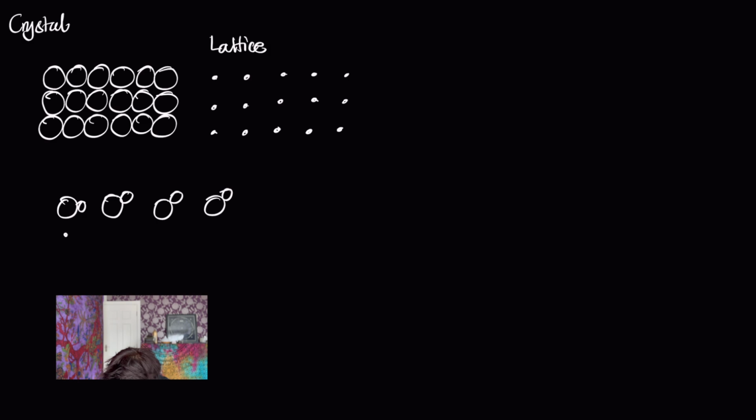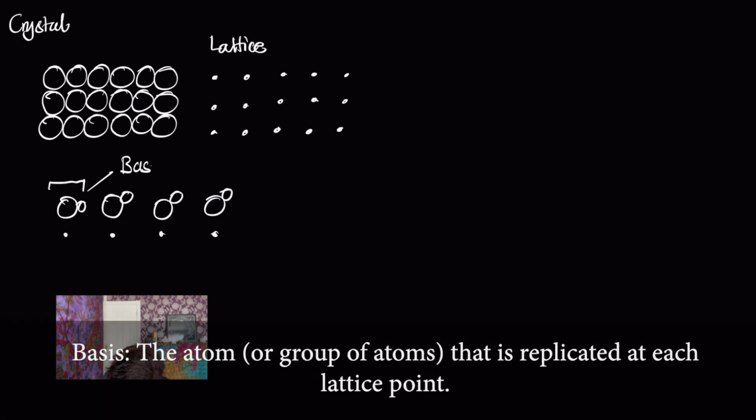But of course, each molecule is attached to an individual lattice point. So we refer to the thing, whether that's an atom or a molecule, that is attached to a lattice point, as the basis. It makes quite good semantic sense. You can just think of it as the basis for the crystal structure.